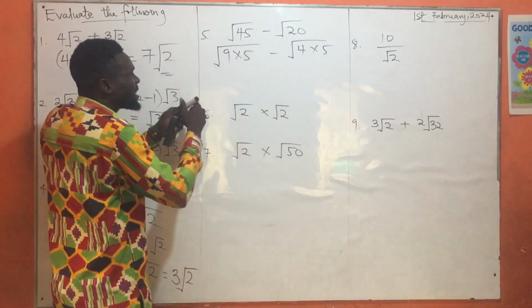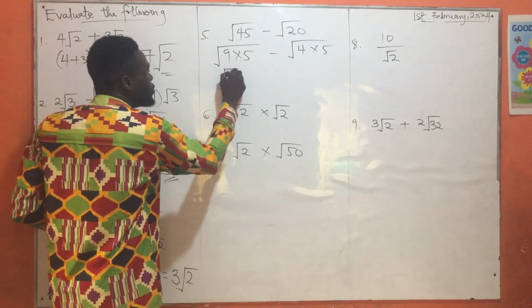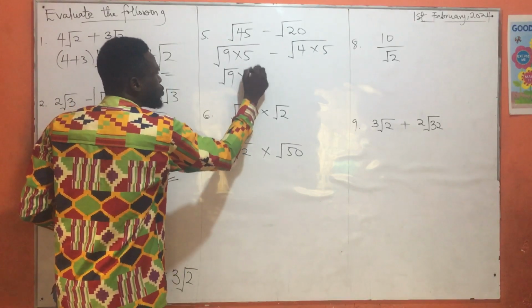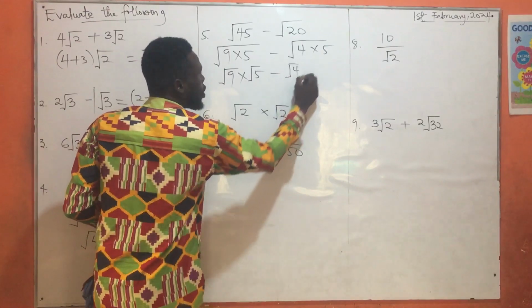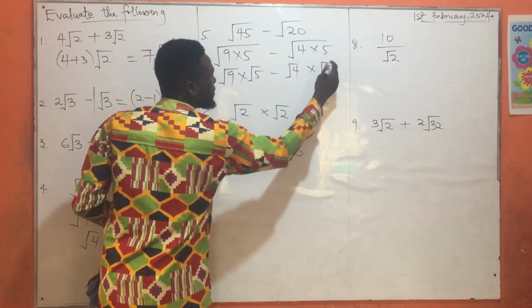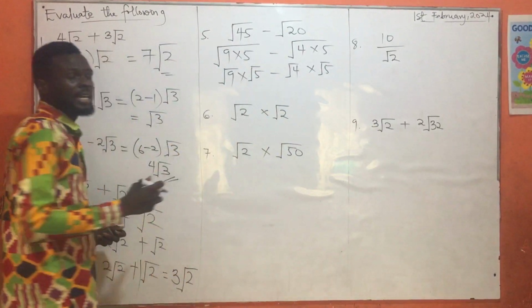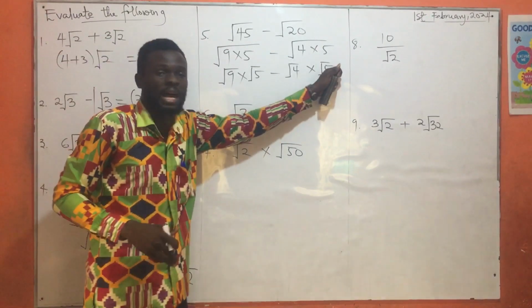Now splitting this out will give you the square root of 9 times the square root of 5 minus the square root of 4 times the square root of 5, which we say surd 5 because they are not square numbers.